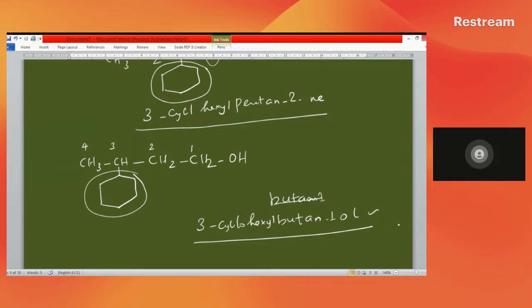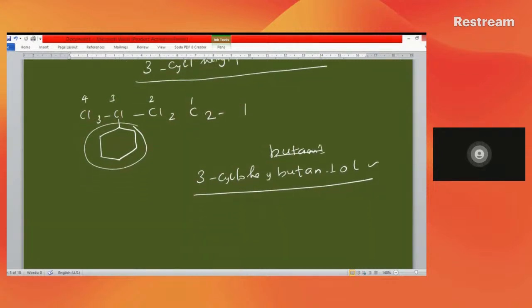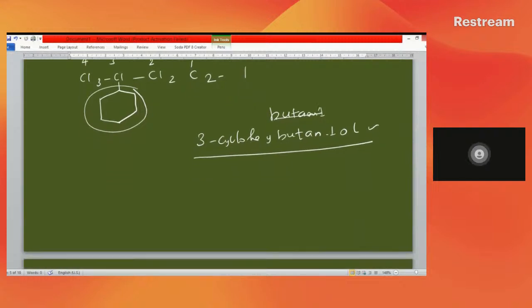So it's also a very simple rule. Now, for an aliphatic ring structure, the other rule: if it has multiple double bonds, and those double bonds are present both in the side chain as well as the functional group, then the ring is again treated as a branch. I'll give an example for this particular case.